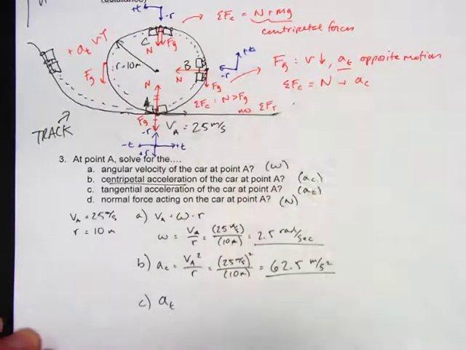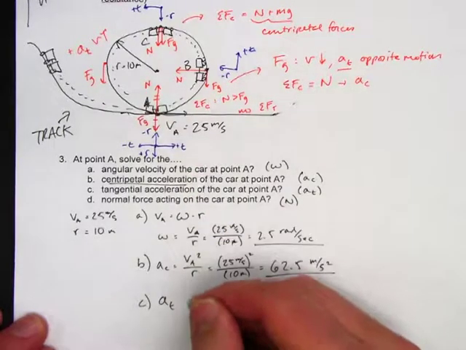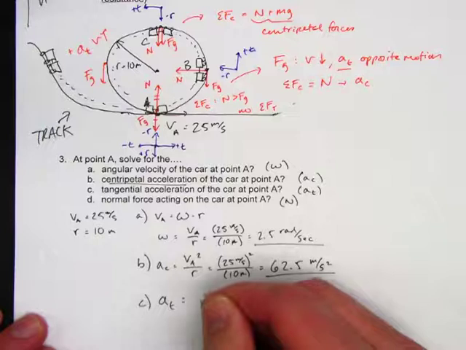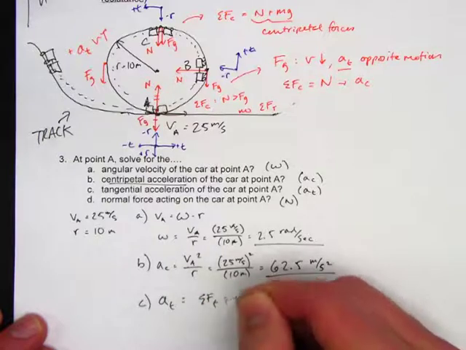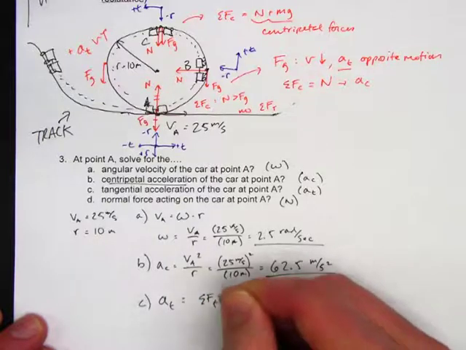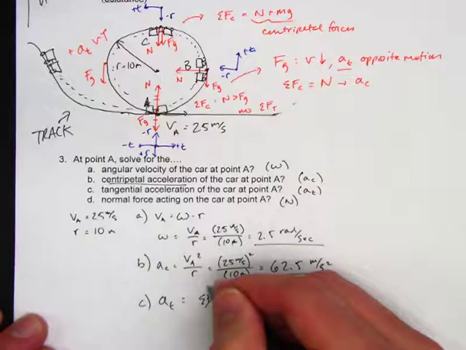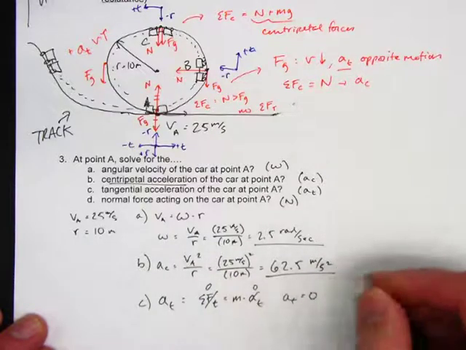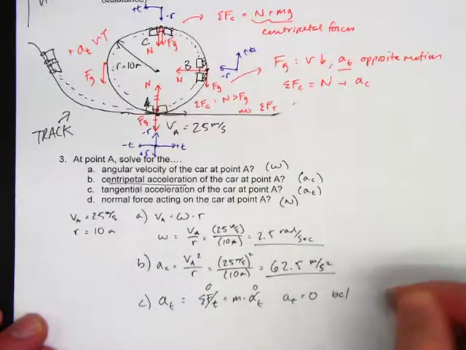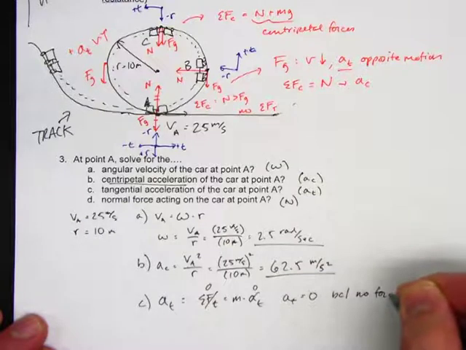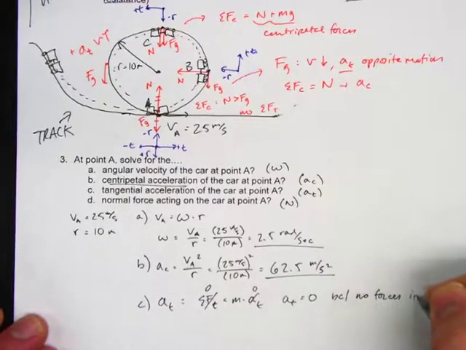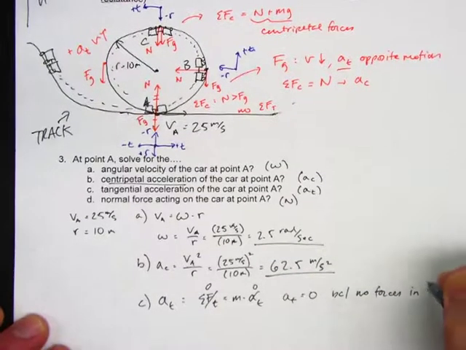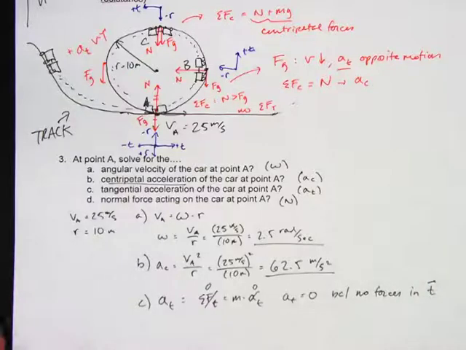So without any forces in the tangential direction, the net force in the tangential direction is equal to the mass times the acceleration in the tangential direction. If this is 0, then this is 0. So a sub t is 0 because we have no forces in the tangential direction. Okay?